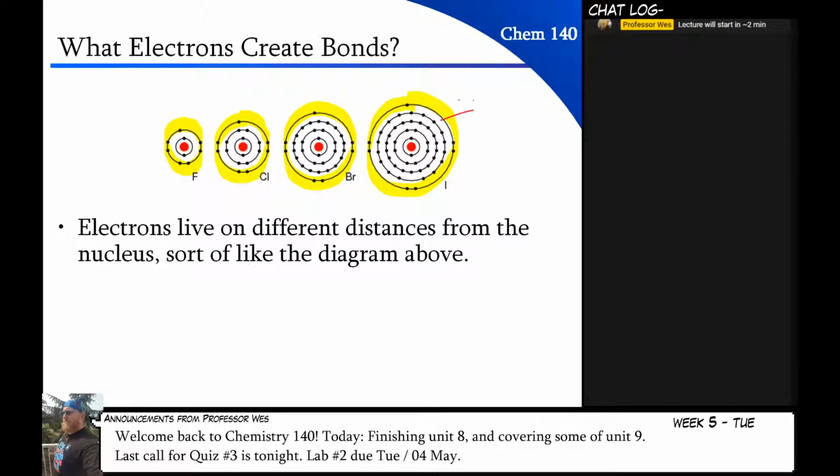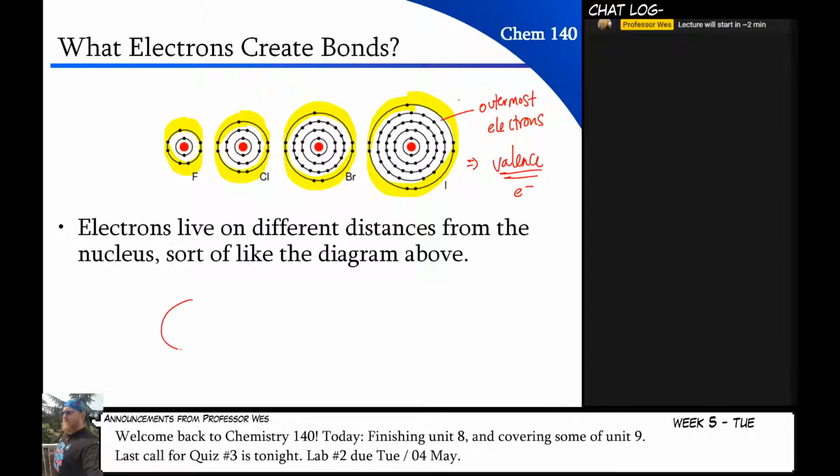So these electrons I've highlighted are the outermost electrons. We're going to give those a special term, valence electrons. A valence electron is an electron that is on the outside of the atom.